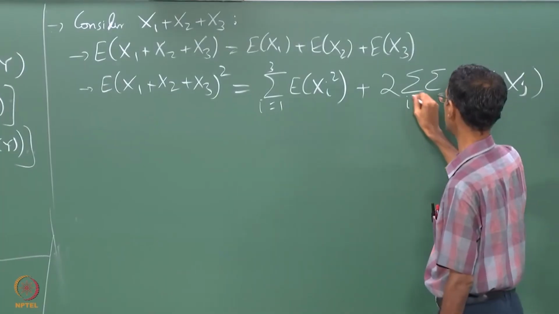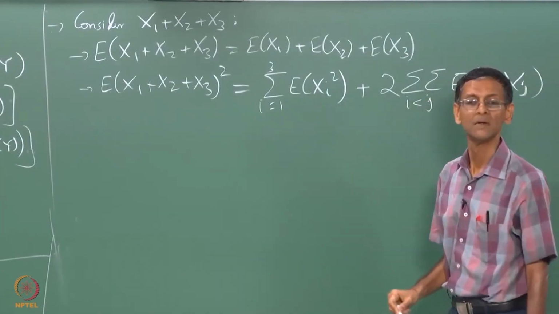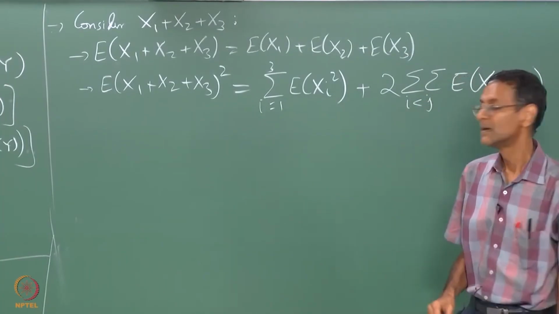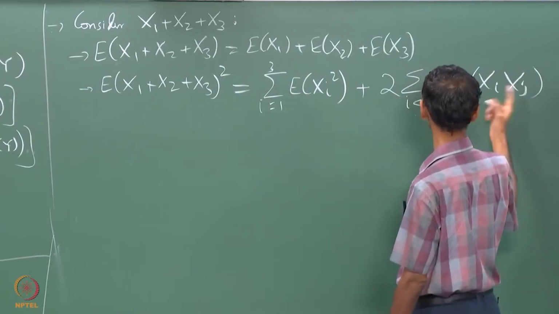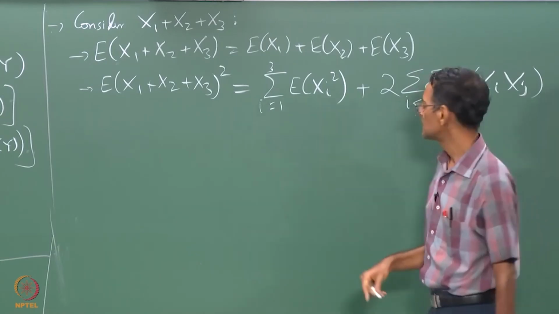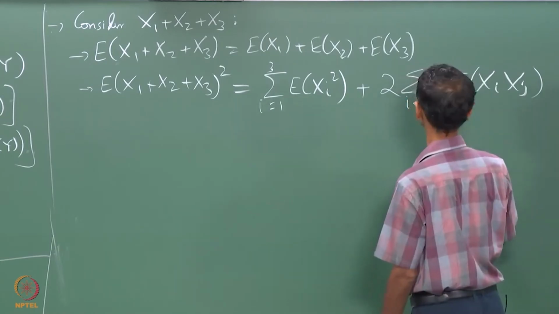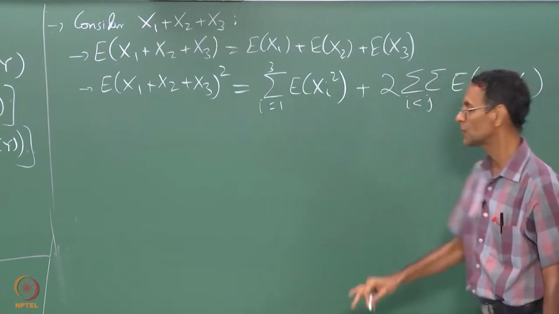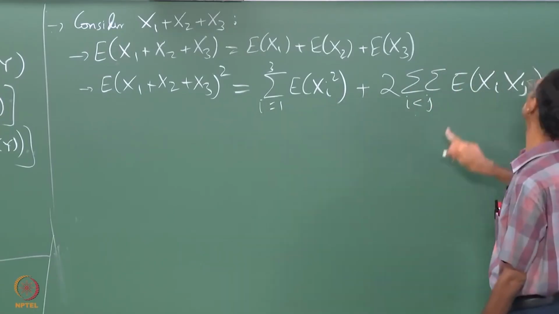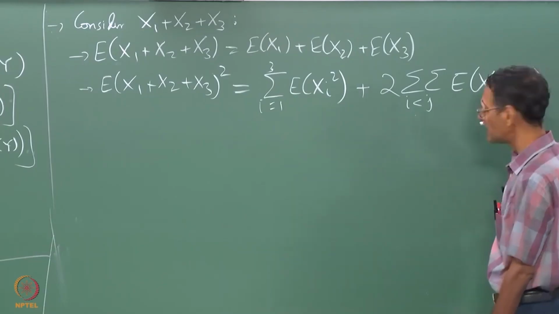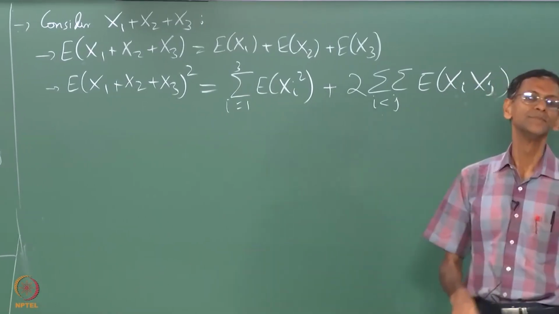I just simply put i less than j. I want i to be strictly less than j, so the terms are x1 x2, x2 x3 and x1 x3.